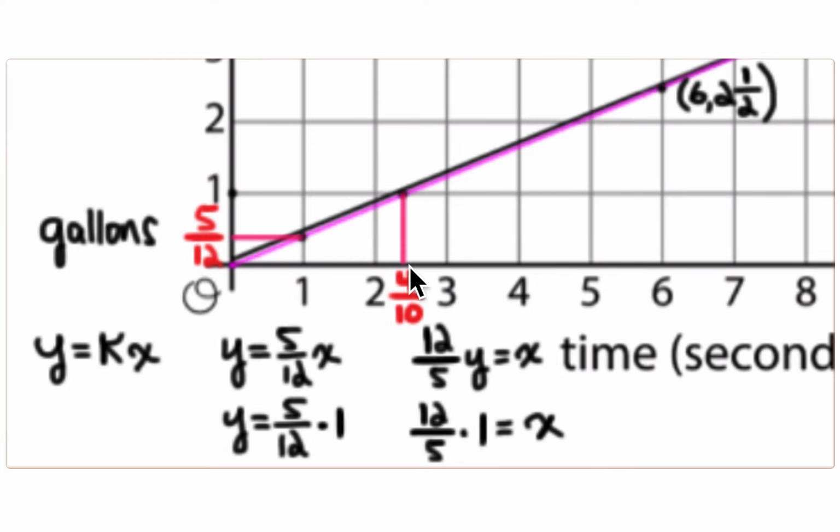If you go out for 6 seconds, that's half of 12 seconds. And if you remember, it was 12 seconds and 5 gallons. So 6 seconds is going to be half the number of gallons, or 2.5 gallons. And this point right here is a better placement of 2.5 right there.